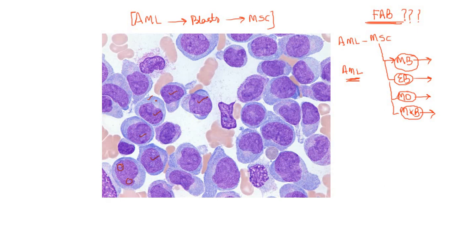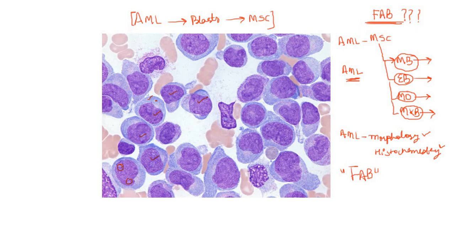And this classification scheme, in which the acute myeloid leukemias are classified based upon the morphology and the histochemistry of the cells, is called FAB classification. So the two main points used in FAB classification for classifying the acute myeloid leukemias are the morphology of the cells and histochemistry of the cells.